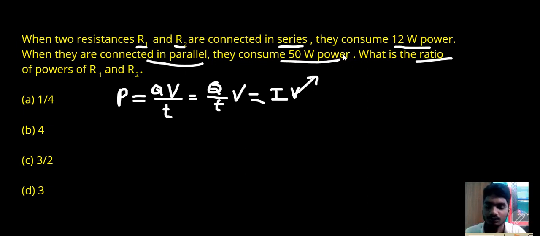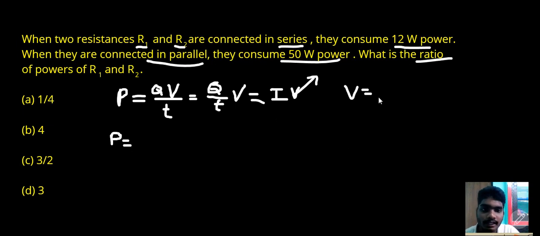Whenever you get these questions, if they don't say anything about voltage, it means they're using the same voltage and the same resistors, but the construction of the resistance is different. First time it is series and second time it is parallel. So we have to keep V constant.